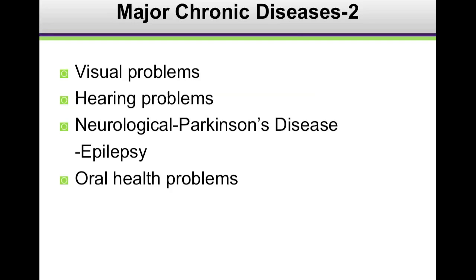Hearing problems. Hearing problems are again a major problem with many older people, and these may be due to a variety of causes. The first, of course, is wax in the ears. Many older people harbour a huge amount of wax in their outer ear canal. If this is removed, hearing can improve markedly.